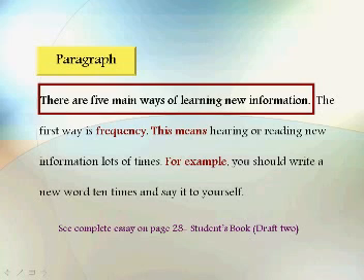For example, you should write a new word 10 times and say it to yourself. And that is a paragraph. You can just follow these steps and you can write 5 paragraphs and you have one big essay. If you'd like to see the complete essay, please refer back to your student's book, page 28, draft 2.